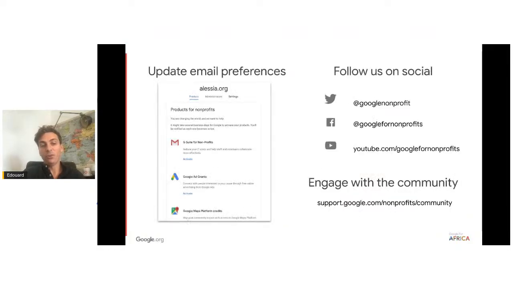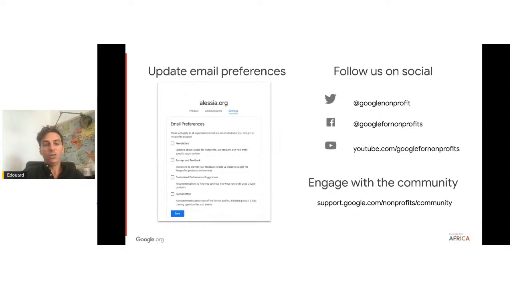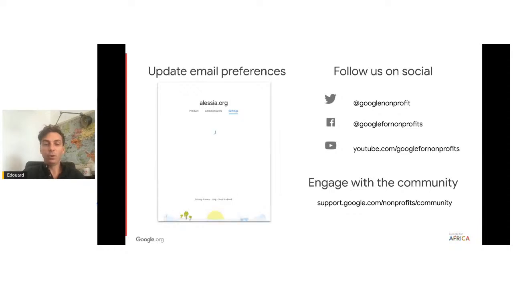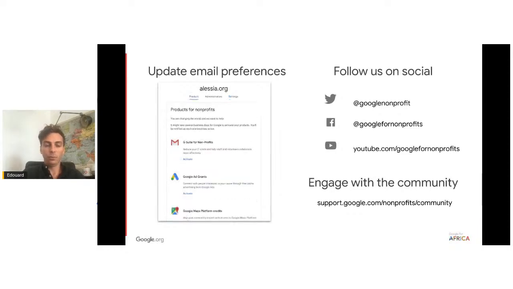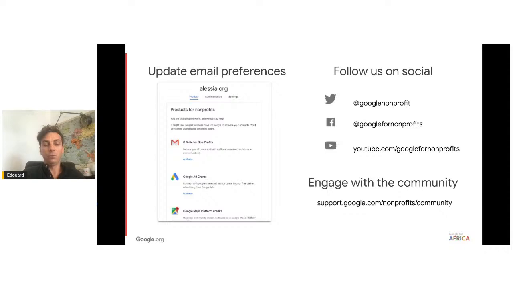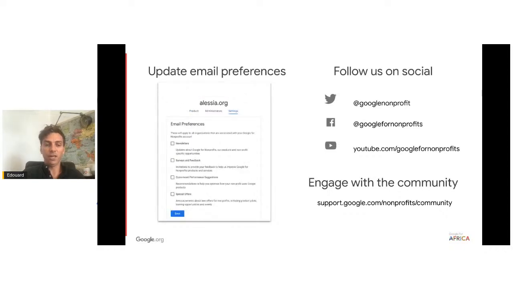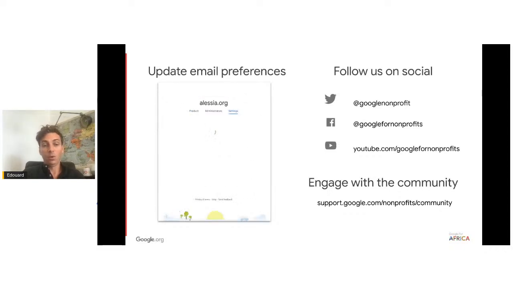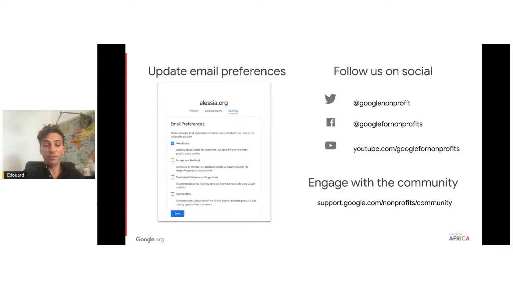So once you are registered, you can update your preferences directly on the Google for Nonprofits platform, ask to be registered to our newsletter, or to register to specific products communication. You can also follow us on social media to get the latest updates.